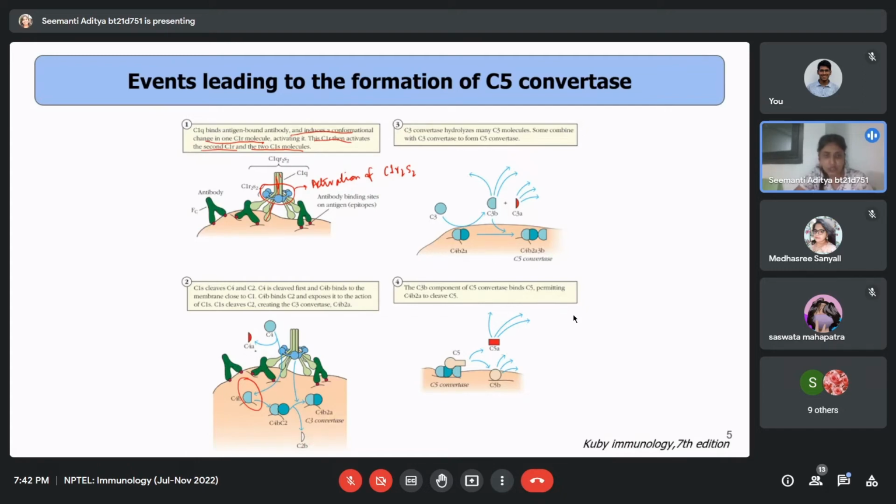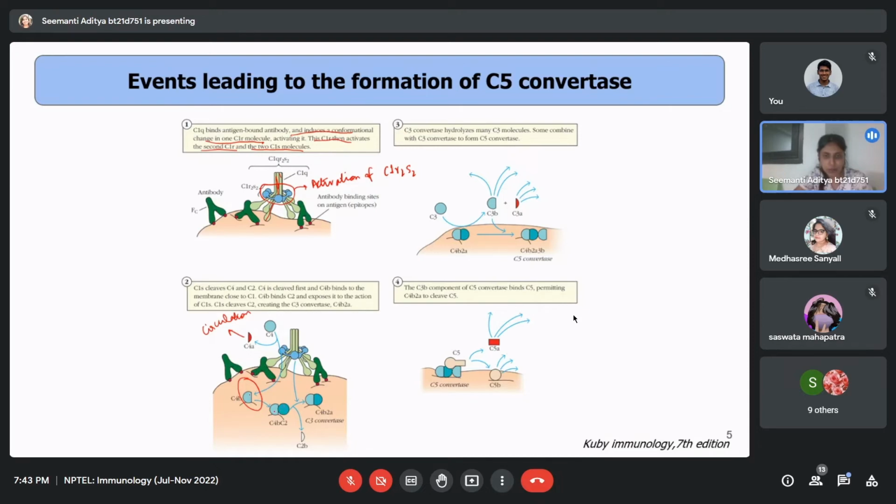You understood? So C4 gets cleaved by C1 into C4a and C4b. C4a is released into the circulation, and C4b gets embedded in the membrane. Then to this C4b, complement protein C2 binds over here. So this is C4b bound to C2 protein.